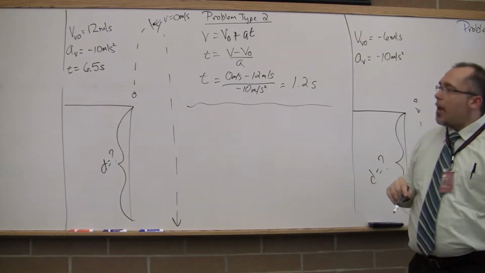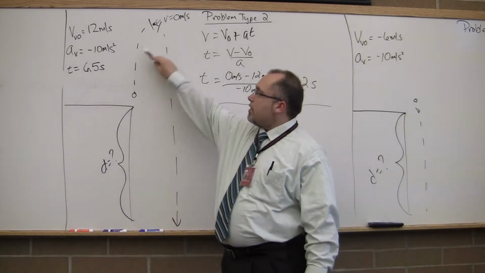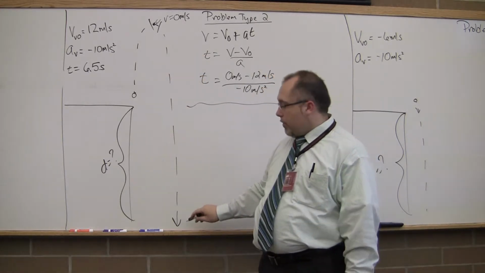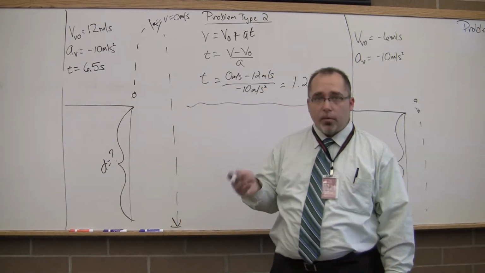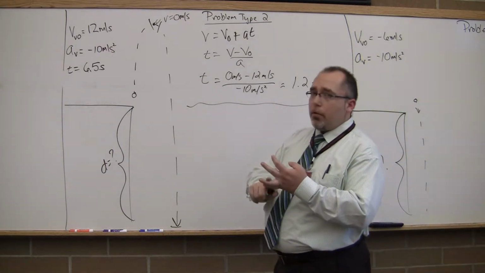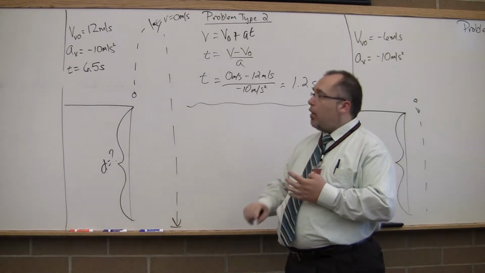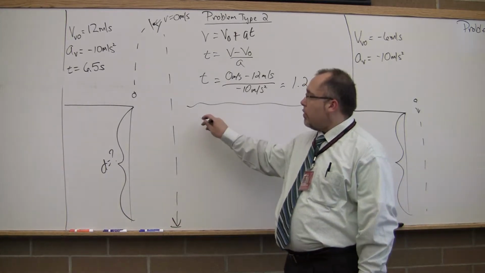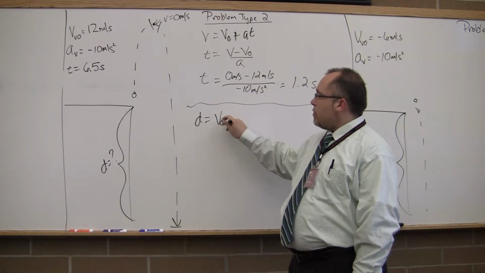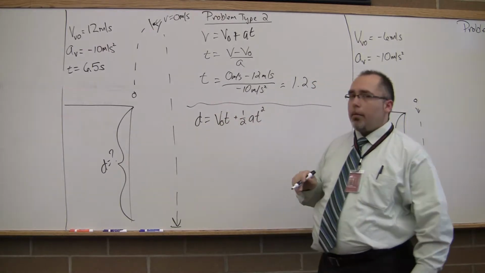Now, secondly, if I'm asking how tall the building is, we're going to use a formula that's going to encompass the entire path of the object and its overall end displacement, just like the previous problem. So we have a vertical initial velocity, we have a vertical acceleration, and we have the time. So for our three different distance formulas, we're going to use the third one, v sub o t plus 1/2 at squared.